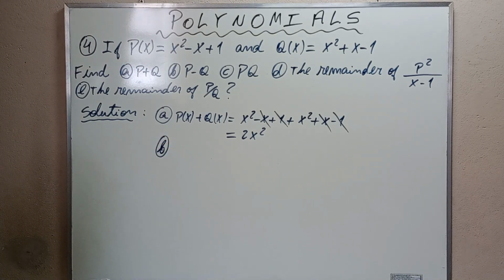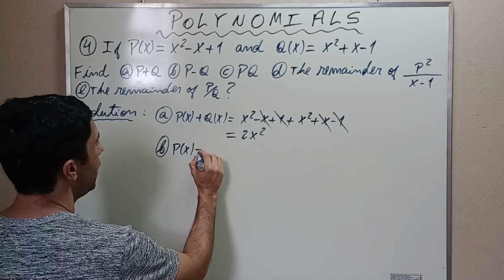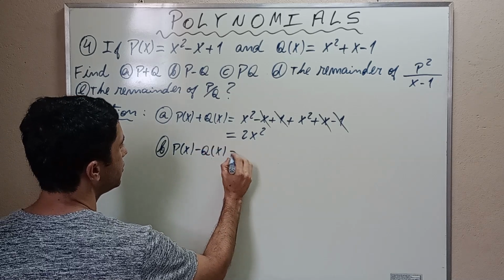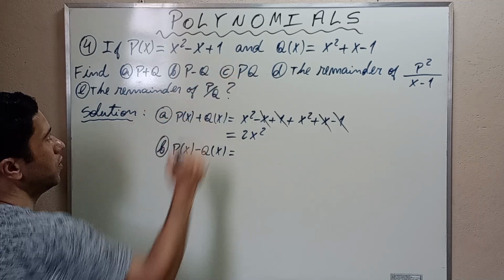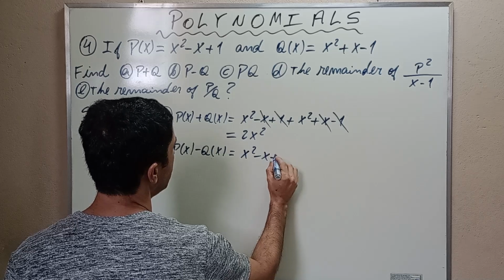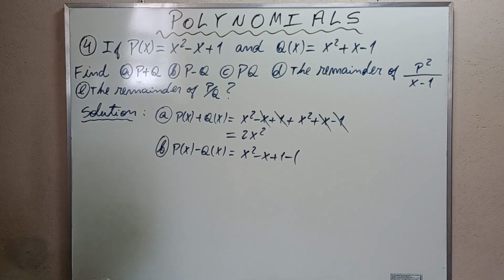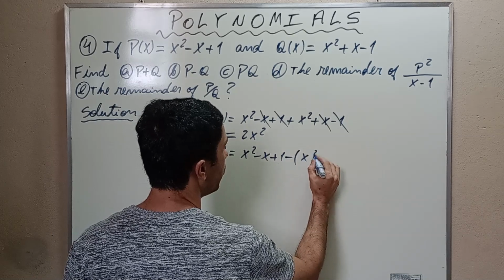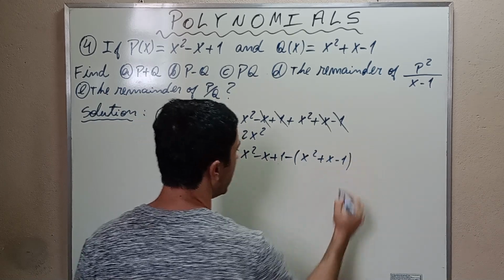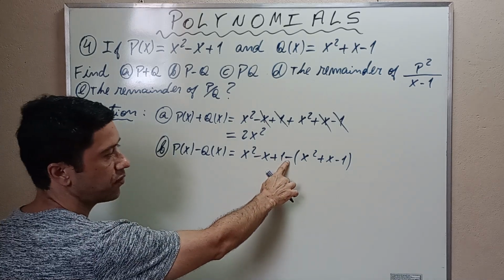P minus q. P of x minus q of x is, we write p: x squared minus x plus 1 minus q. We write q: x squared plus x minus 1. Observe that now there is a negative sign here.